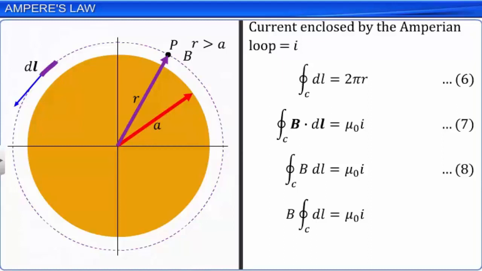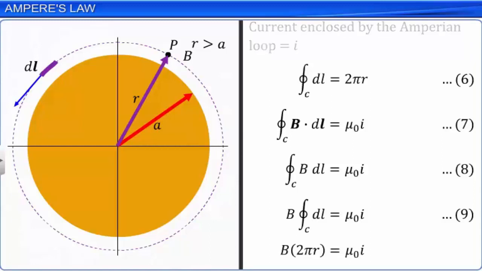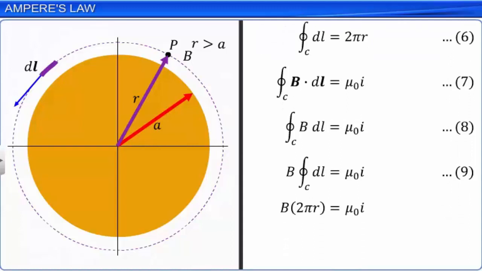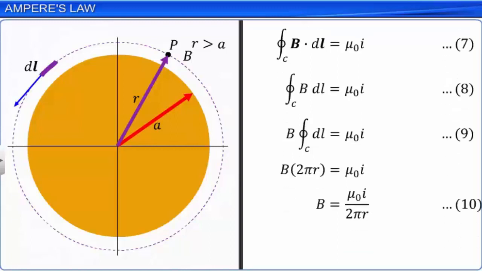Substituting equation 6 in equation 9, we arrive at the relation B into 2 pi R is equal to mu naught I. On rearranging the terms, we get the magnetic induction at the point P due to the current carrying wire, B, is equal to mu naught I by 2 pi R. Let this be equation 10. When the current passing through the conductor is constant, B is inversely proportional to R.